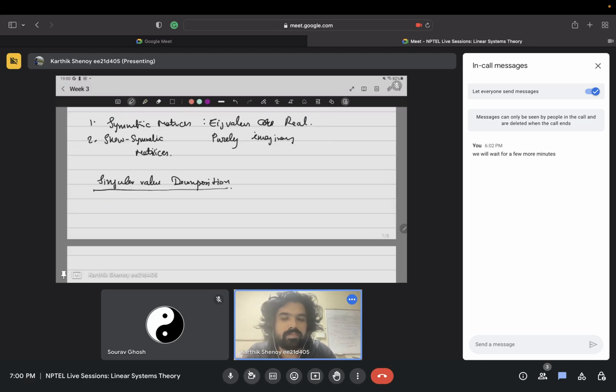Okay, so we were talking about only square matrices, but now let's say I am talking about any general matrix M cross N. So what are singular values?